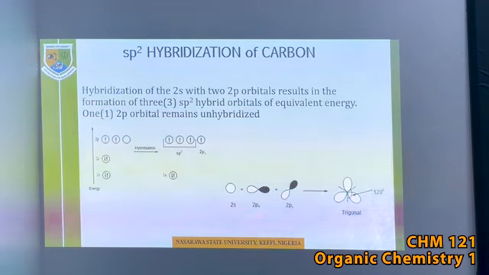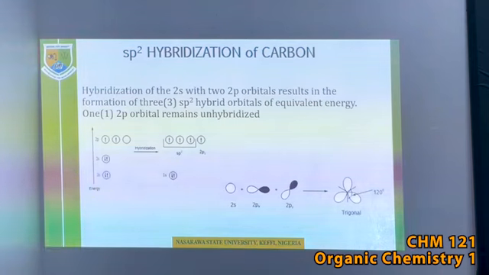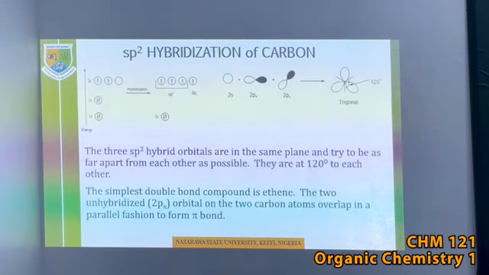So in that hybridization, we take a 2s, 2px, 2py. 2pz is unhybridized. And what happens then is that you have a trigonal arrangement, because remember, the electrons want to be as far apart as possible. And so in this case of 3 orbitals, they stay as far apart as possible, with an angle between them of 120 degrees.